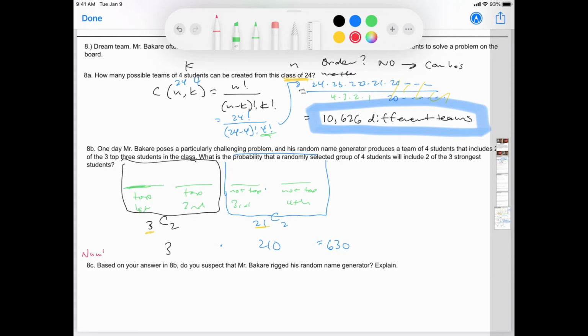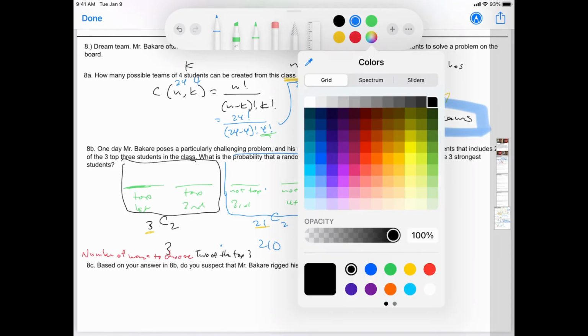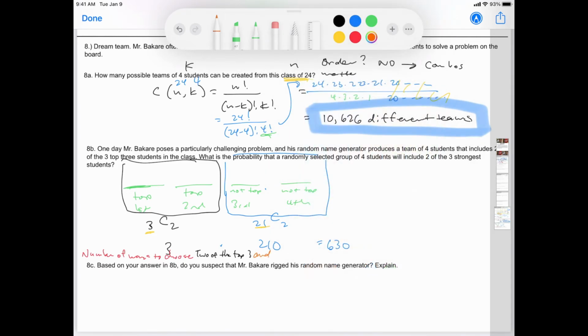This is the number of ways to choose two of the top 3. That's what I did in black. Let's change colors. And that's why I multiplied here. I should have used words first. And 2 of the remaining 21.